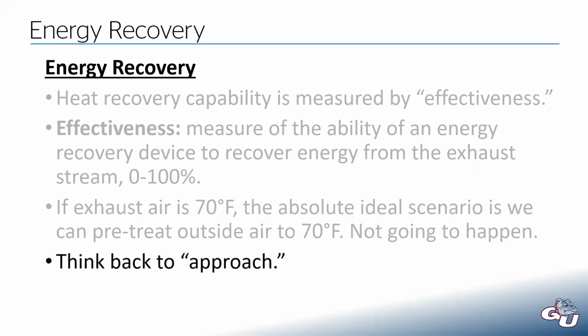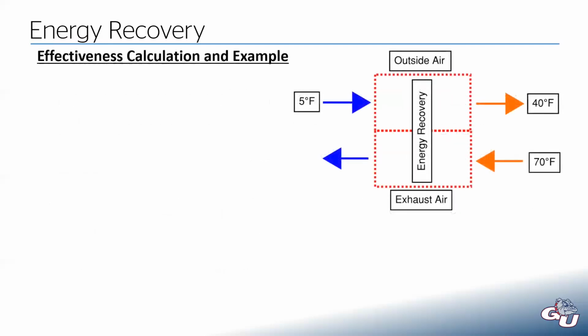So we have to think back to this idea of approach, which has come up multiple times now over the course. That's the ideal scenario. Well, how close can we get to that? So here's a very simple example. In this case, we have an energy recovery device. This top stream here, running left to right, is our outside air stream. So it's coming in at a cold 5 degrees Fahrenheit.